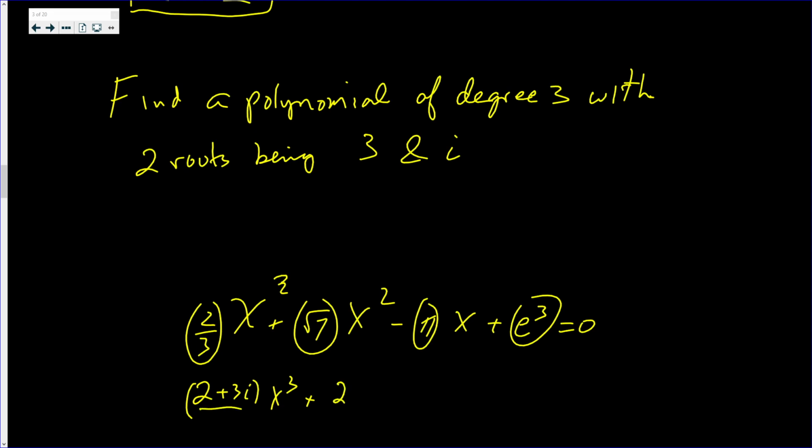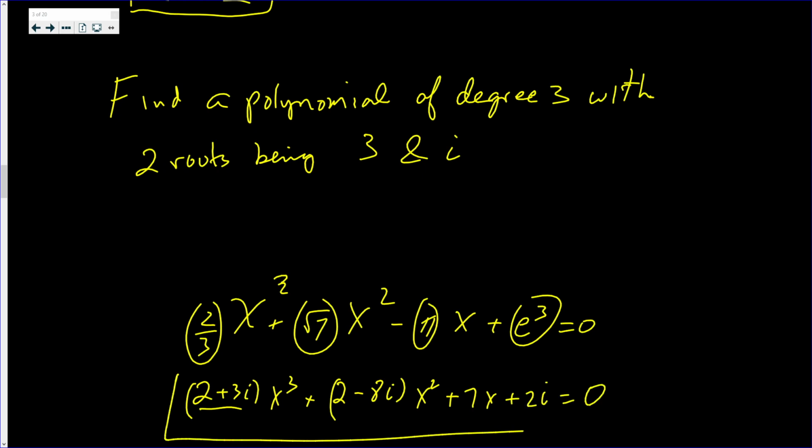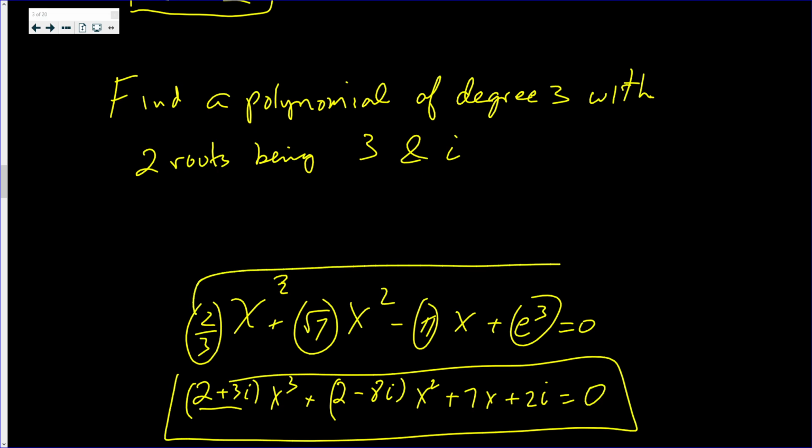I do not guarantee you that if we get a complex answer, they'll happen in pairs. I promise nothing about the roots of this polynomial, plus 7x plus or minus 2i equal to 0. I promise nothing about this. Here, I promise that if there are complex roots, they will happen in conjugates.